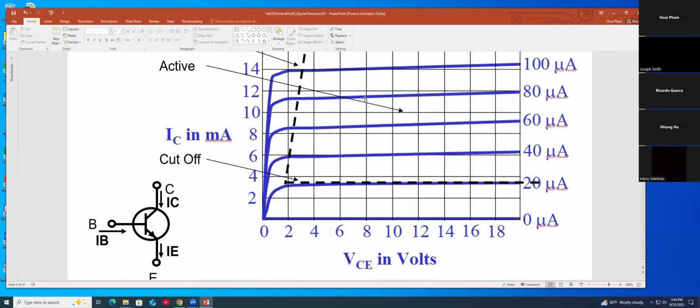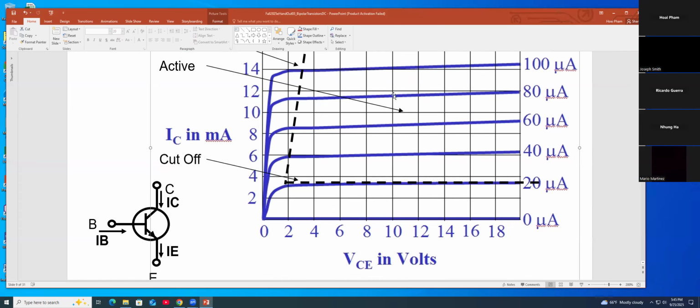If you get a point at this point right here, looking to the right, you can get close to IB, 80 microamp. And if you're looking to the left, you can get the current here for IC.